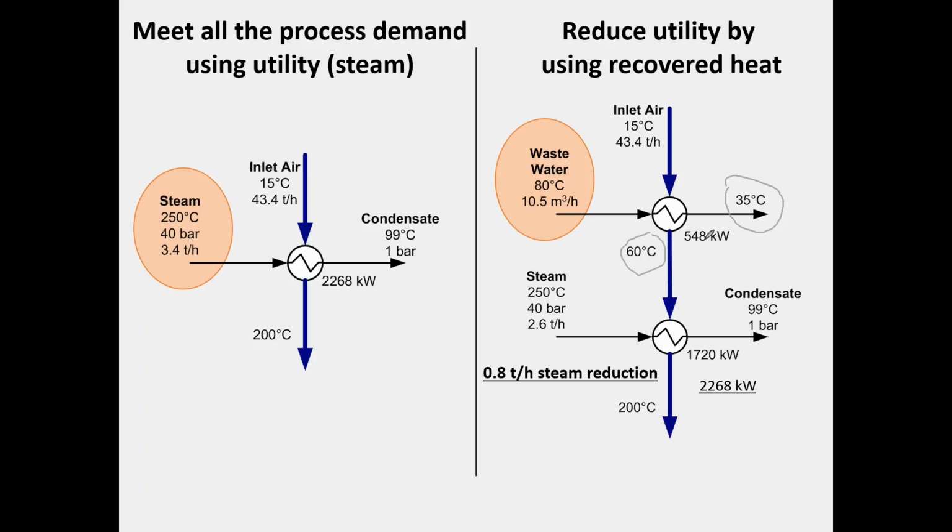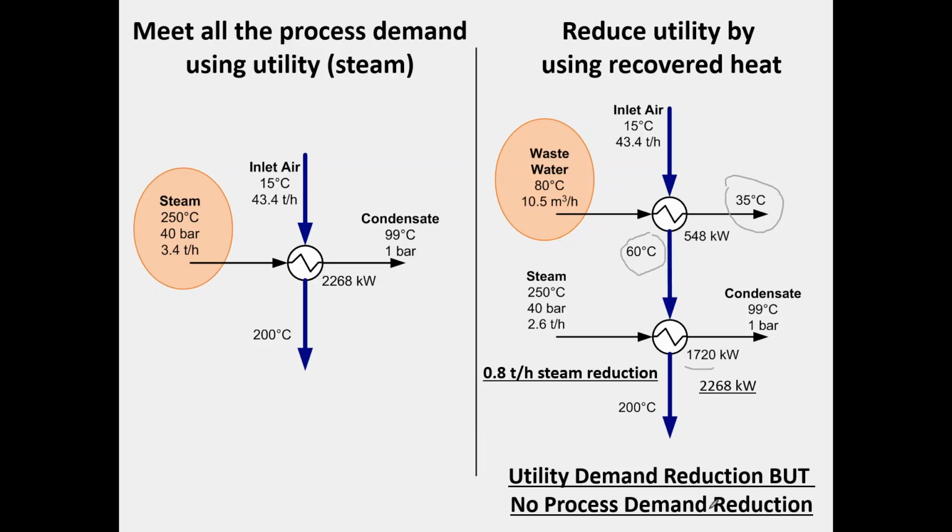So there's no problem with that from a temperature point of view, and what that ends up doing is reducing our steam demand by about 0.8 tons per hour, and so we reduce the amount of utility that we actually require. So we'd only have to supply 1720 kilowatts with steam.